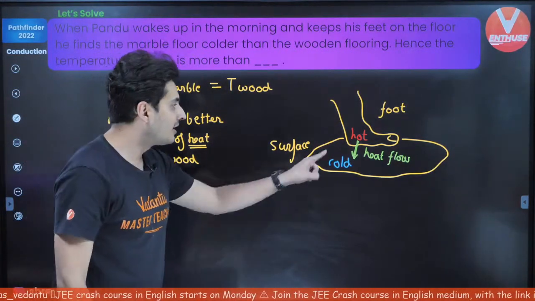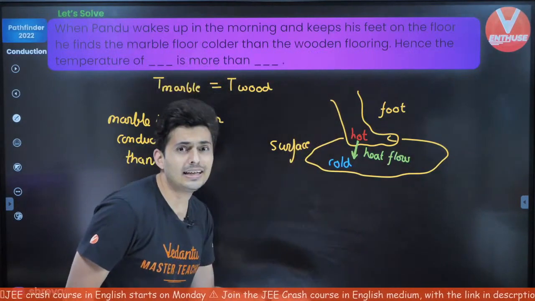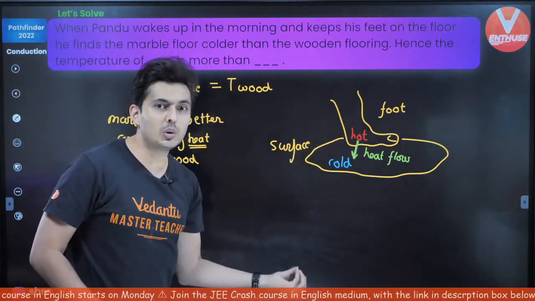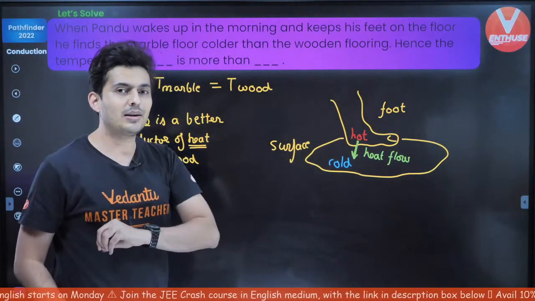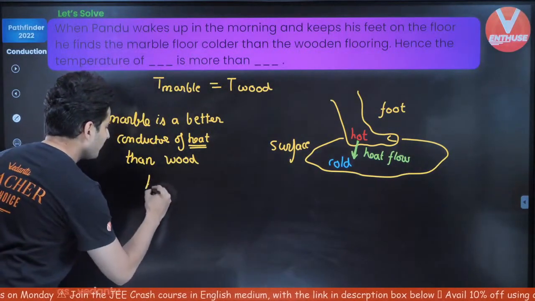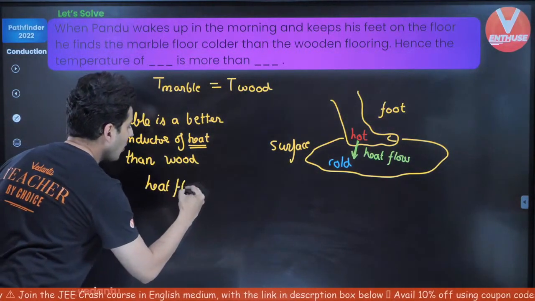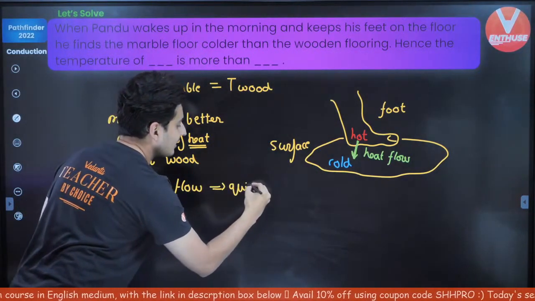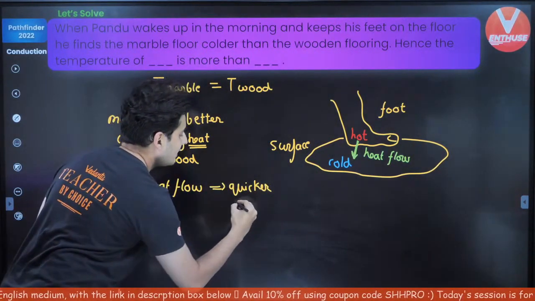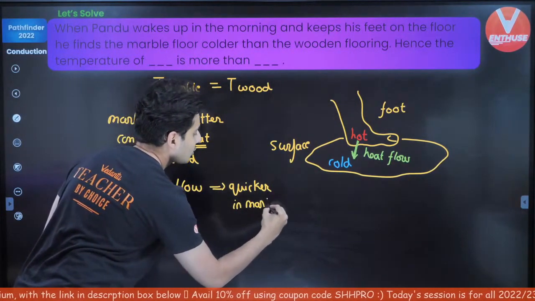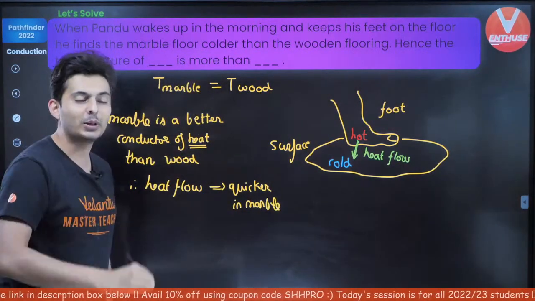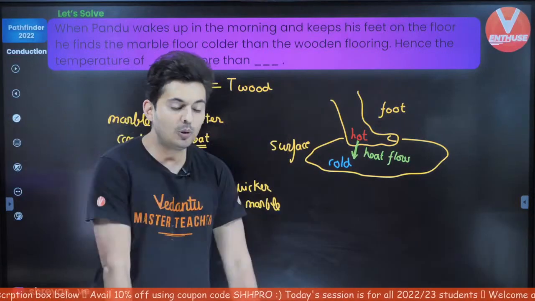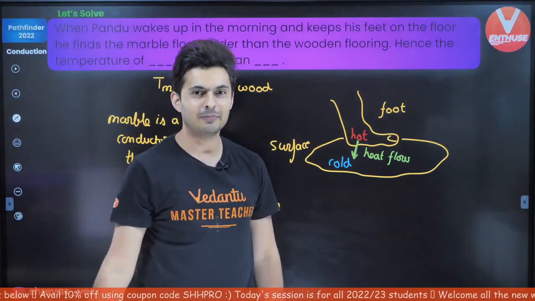That means the heat will flow quickly from your body to the marble as compared to wood. The heat flow is basically quicker in marble as compared to that of wood. Because of which your body loses heat and you will feel cold.